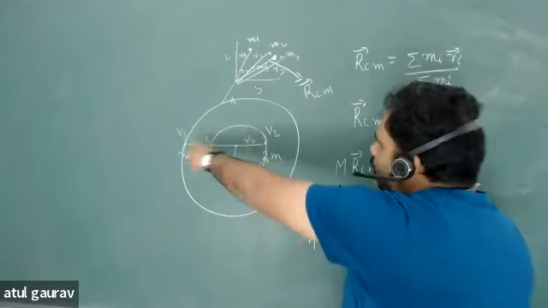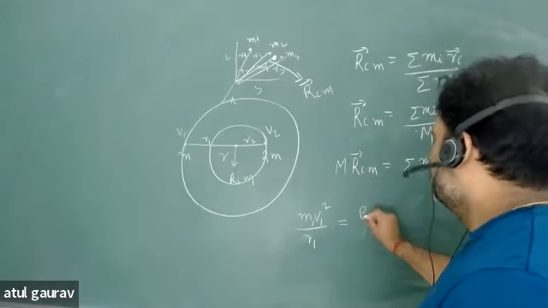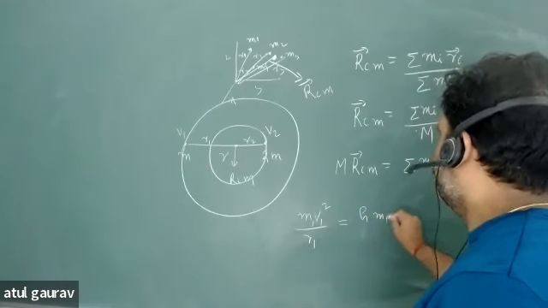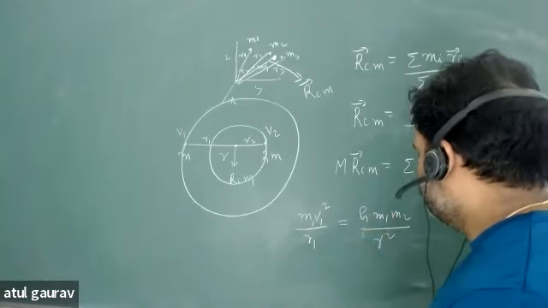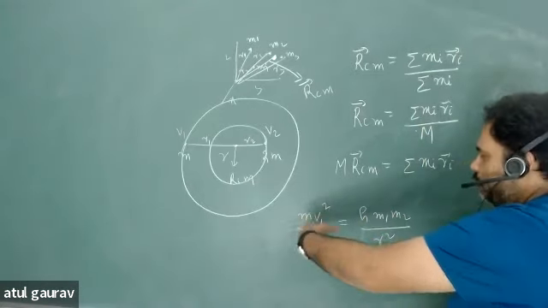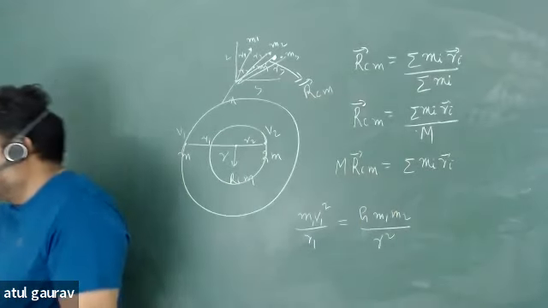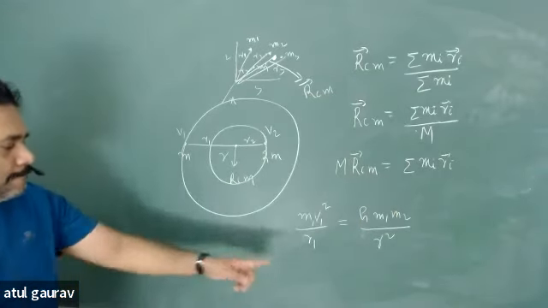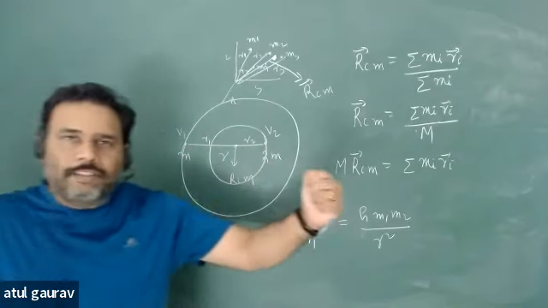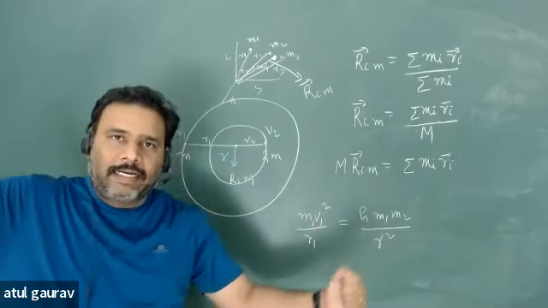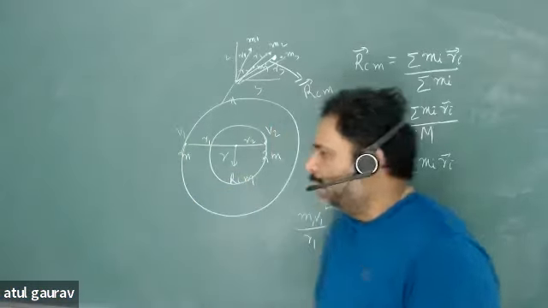And what is the force between these two points? G m1 m2 upon r square. The centrifugal force is equal to the external force. This is the condition of circular orbit, isn't it? And r is the distance between these two points, so they will always maintain a distance r while rotating in a circular orbit. So this is for the first particle.